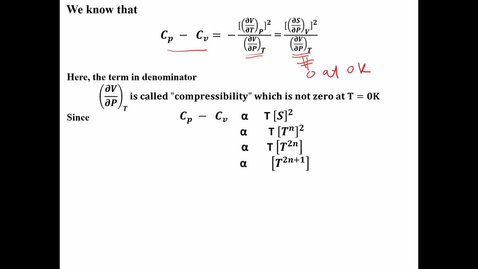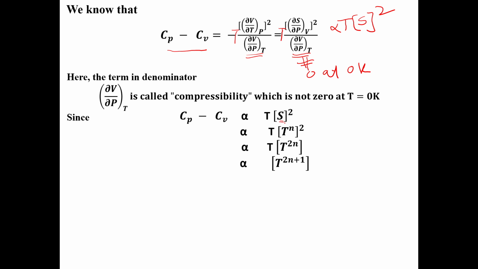Now, since this difference is directly proportional to T S square, here is T, here is also T, and S is here. So this difference is directly proportional to T S square.